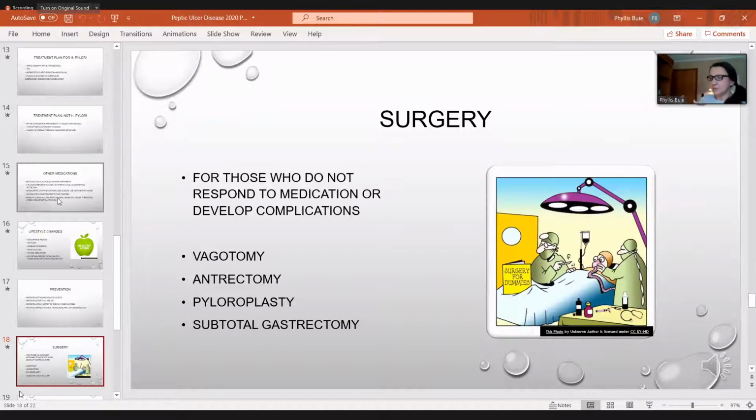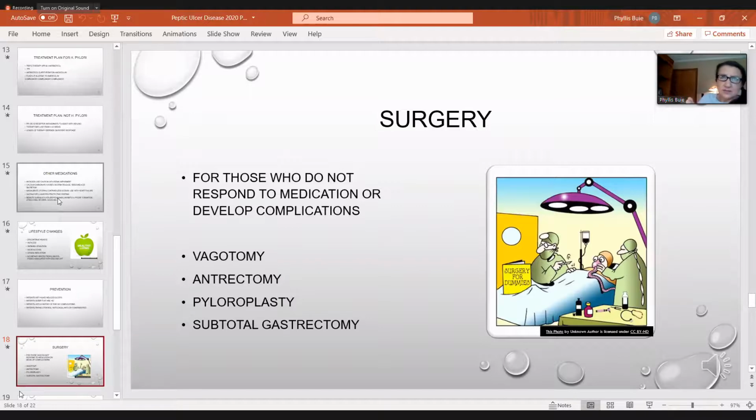If you've got a huge ulcer that's sitting in the fundus of the stomach, you may be able to have part of that stomach taken out, which is going to be very similar to a gastric resection, like weight loss surgery. If enough of the stomach is taken out, they may have problems with malabsorption and scar tissue forming.